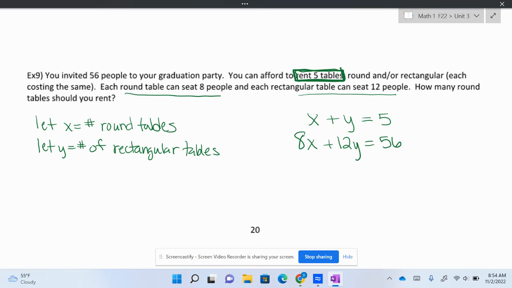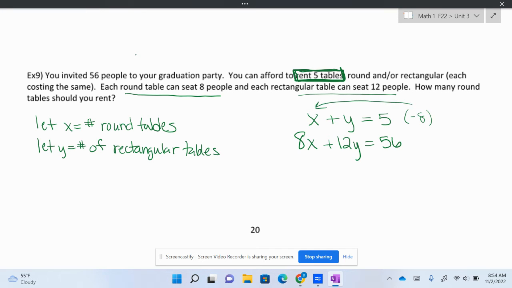So we're not using substitution. We're using elimination. What are we going to multiply by when we solve this? -8. Good job. So I'm going to take this first equation and I'm going to multiply it by -8.